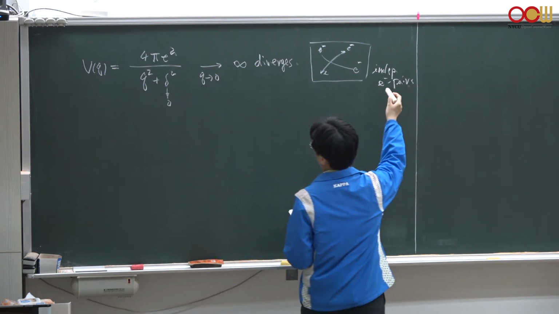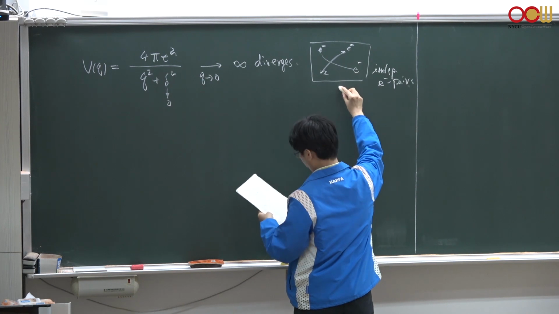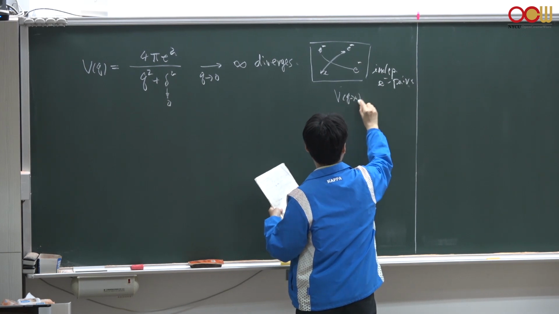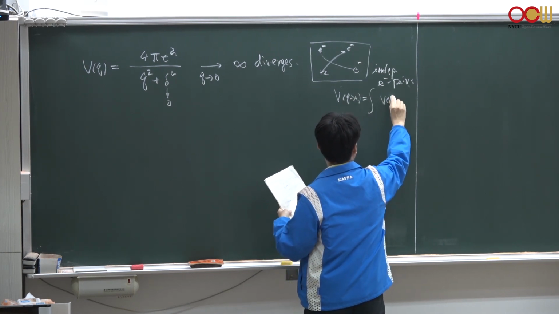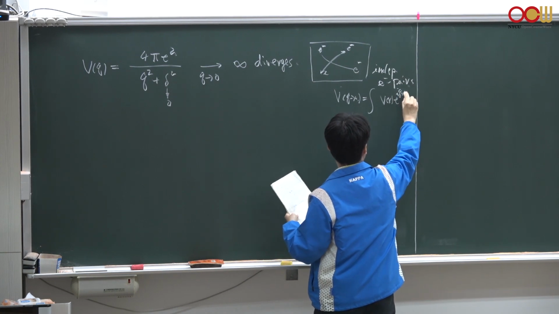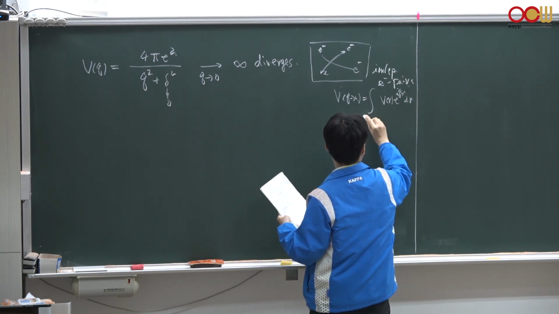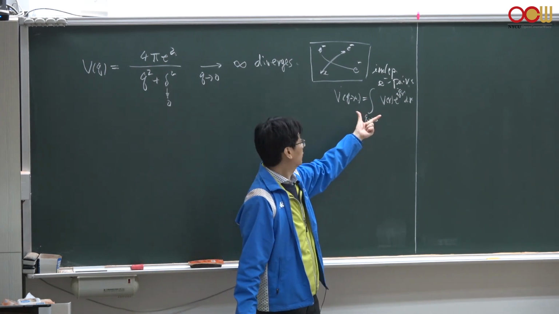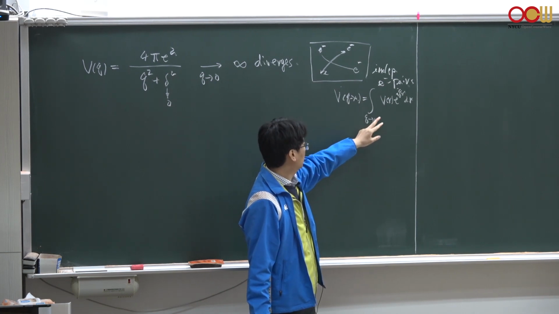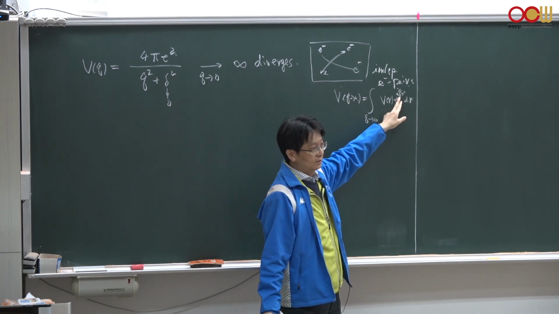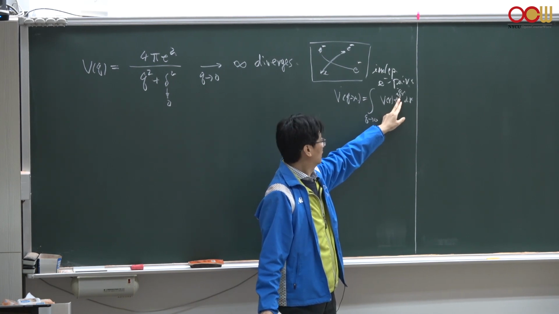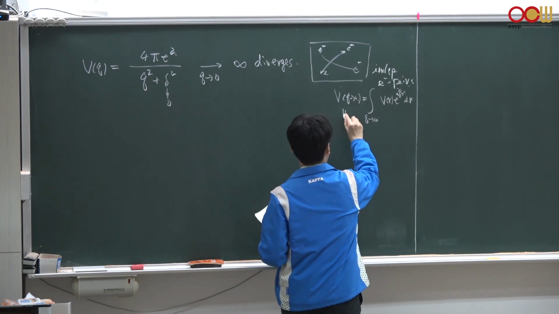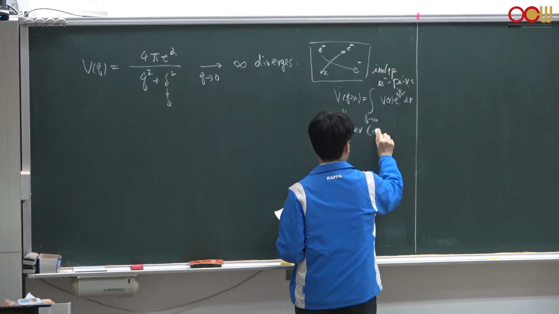So suppose we consider this V of q when q goes to 0. It is nothing but the integral of V of r e to the i q r dr. If we consider this as an inverse Fourier transform, V of q when q goes to 0 is nothing but, you put q equal to 0 in the exponential factor, and you sum over V of r dr. So this is nothing but the sum over your Coulomb potential.